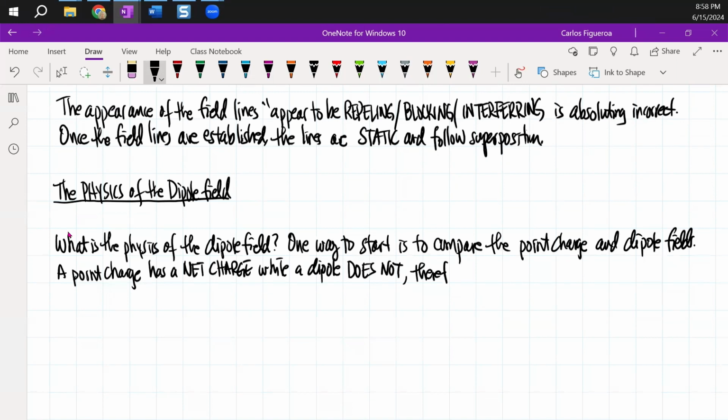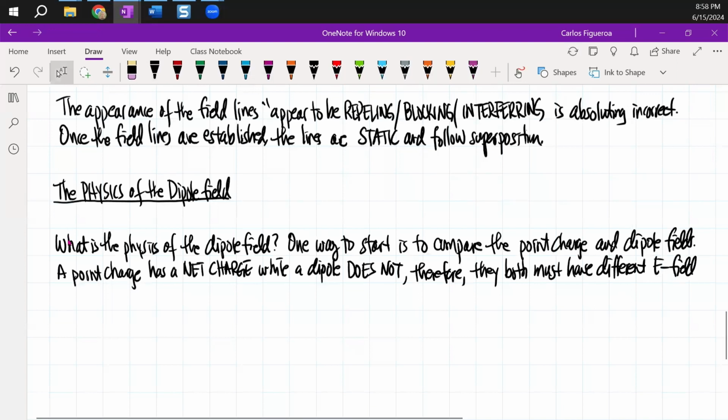Therefore, they both must have different electric fields. Their fields must be unique. So now let's look at what we would expect. I'm going to start off with the point charge right here.